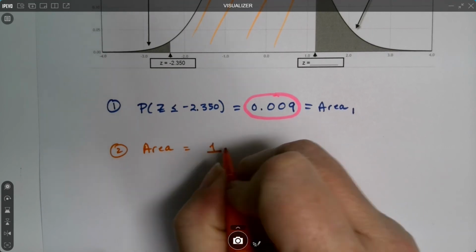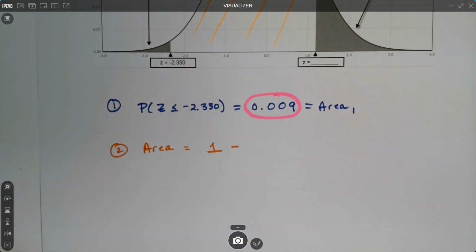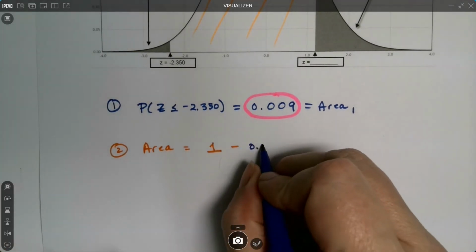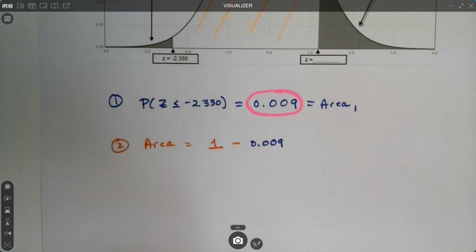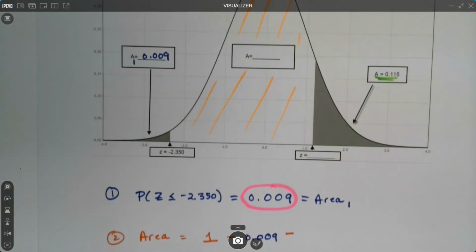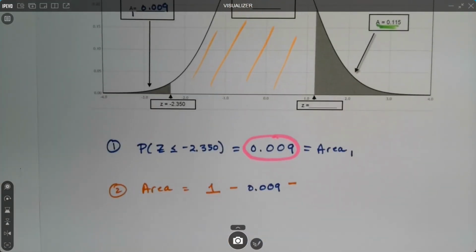All right, if I take 1 and I take away the area on the left, which was 0.009, we just found that, and I also take away the area on the right, which was 0.115. Here, I'll give that like a green shading or something. There we go. So that was 0.115. So I'm going to take away 0.115.